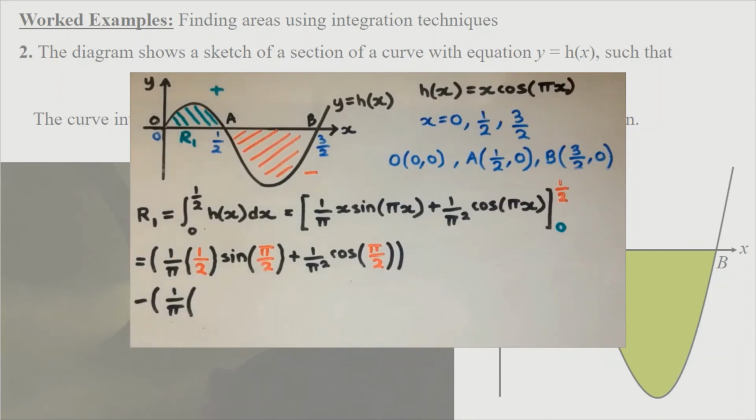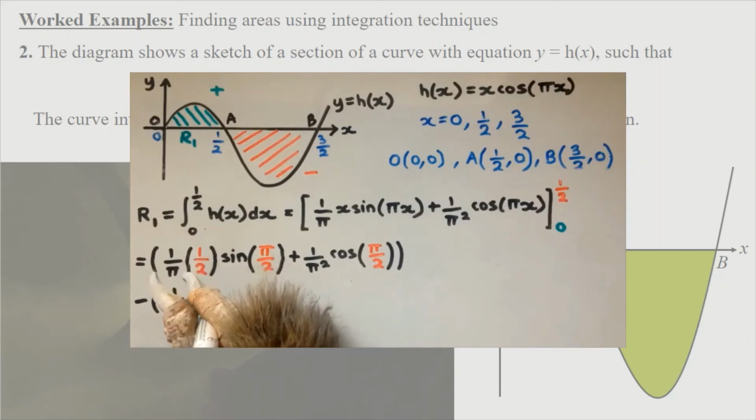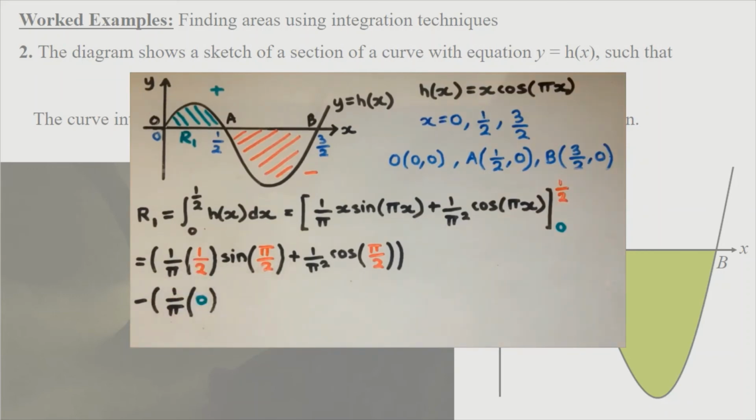The important thing though to remember is don't get carried away. If you're subbing in 0, don't assume everything's going to cancel, especially when cosine's involved. So 0, close that bracket, and then sine of 0.